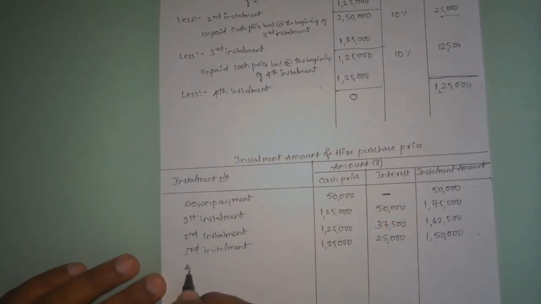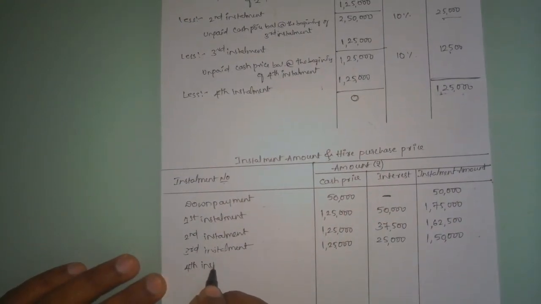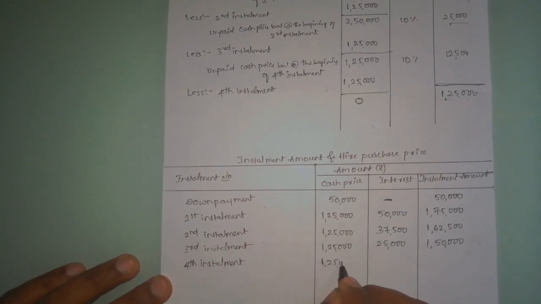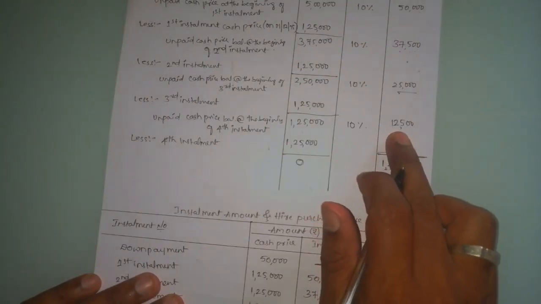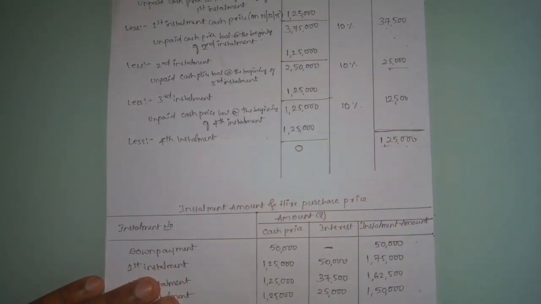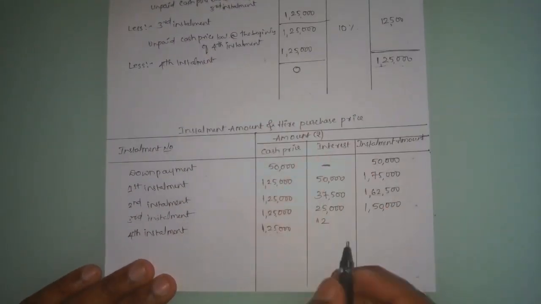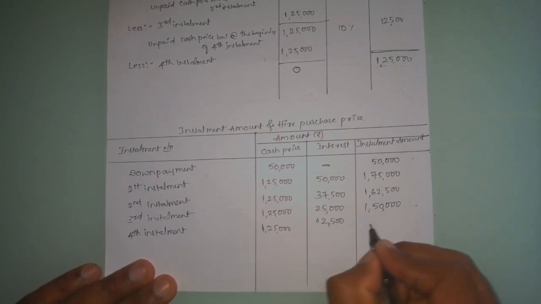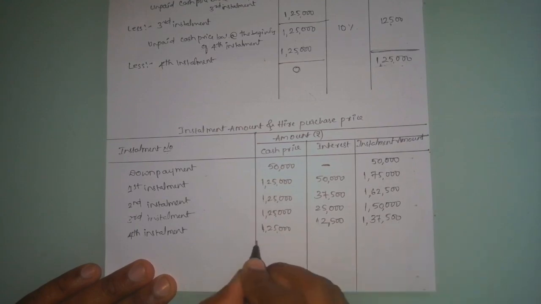Next, last fourth installment. 1,25,000 plus amount of interest 12,500 leads to 1,37,500.